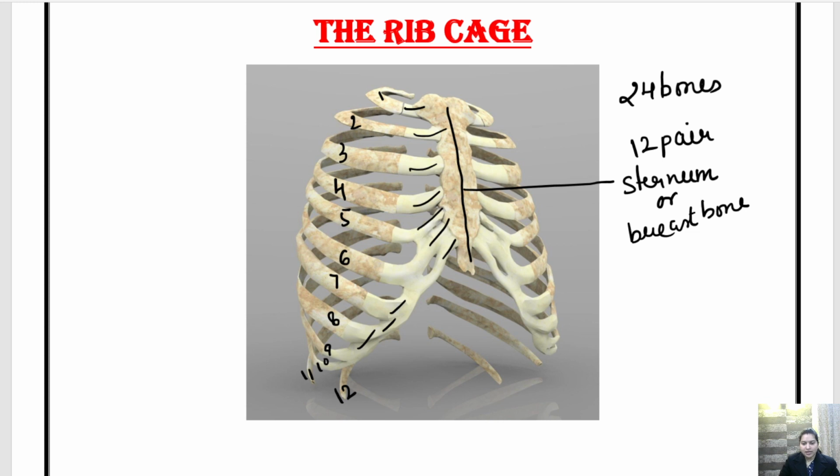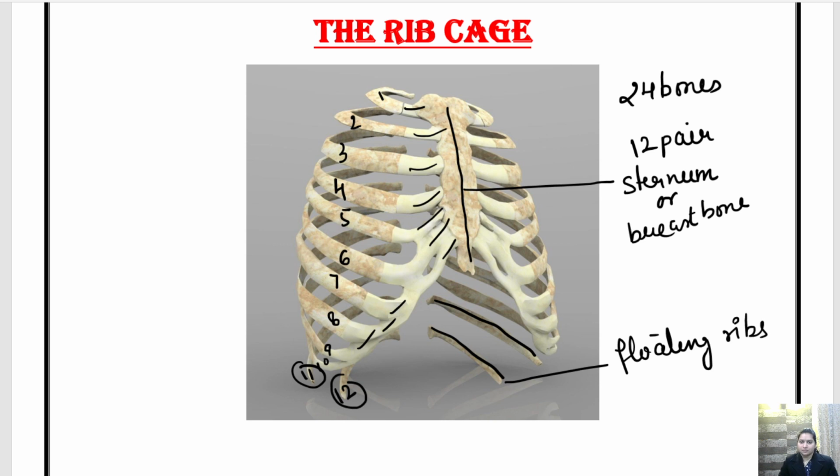So 10 are attached to this center, the breastbone, but 2 are not, see, 11 and 12. You can see here 11 and 12 are not attached. So they are called floating ribs.